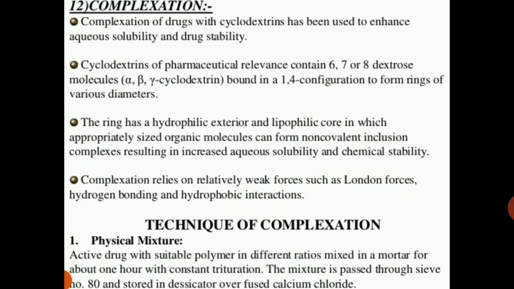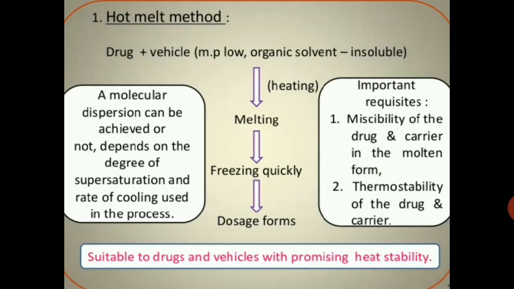The physicochemical properties of free cyclodextrin molecules differ from those in complex, and the stereochemistry of the complexes formed and the numerical value of their stability constants can be determined by observing the changes in physicochemical properties like solubility, chemical reactivity, UV absorbance, etc. So the techniques of complexation, like the physical mixture: active drug with a suitable polymer in different ratios is mixed in a mortar for about 1 hour with constant trituration.